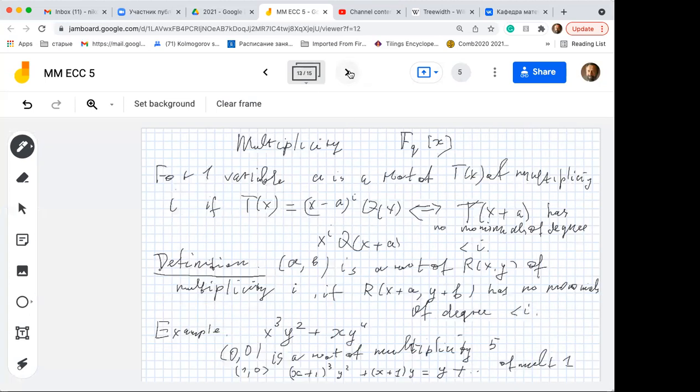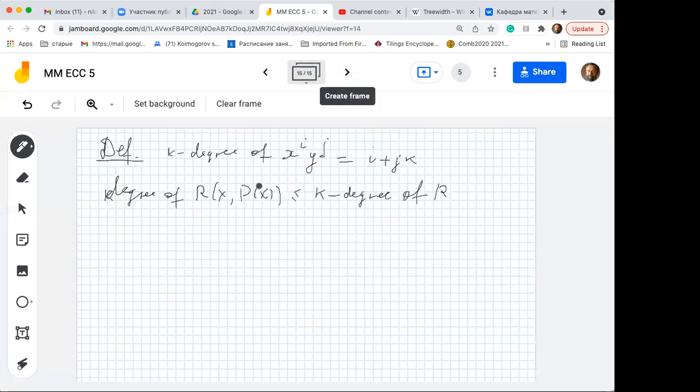So let's state this lemma. Let's denote the desired k-degree by A. And the assumption will be that A squared over 2k is at least N. Capital N is the multiplicity.